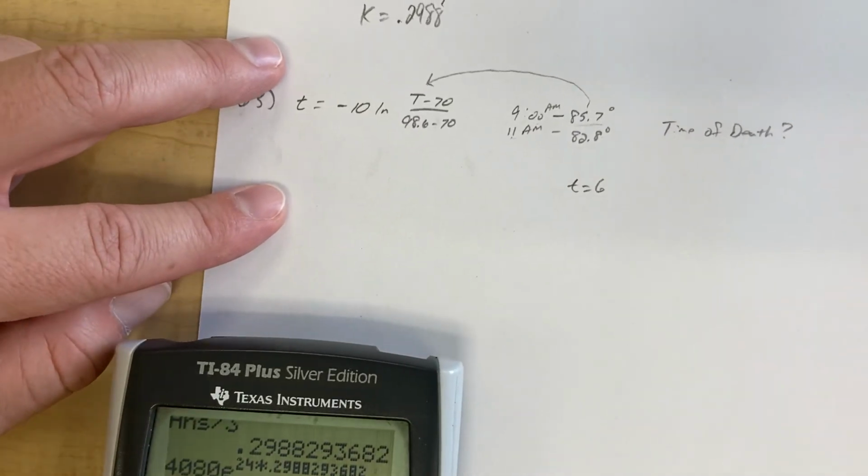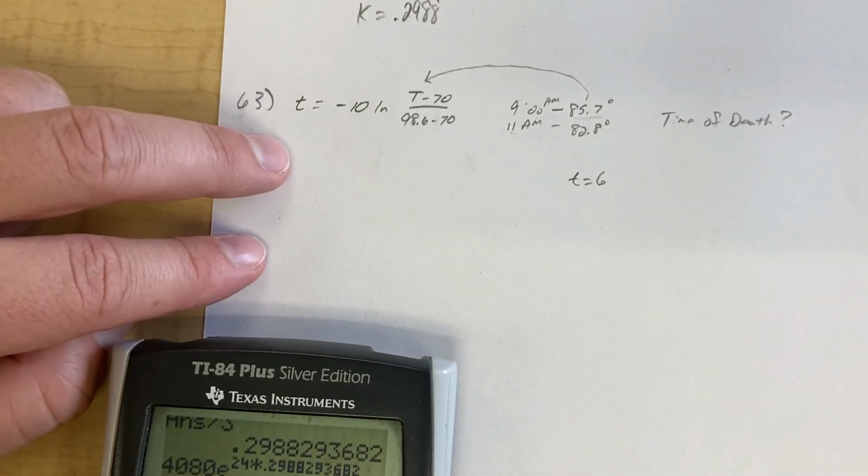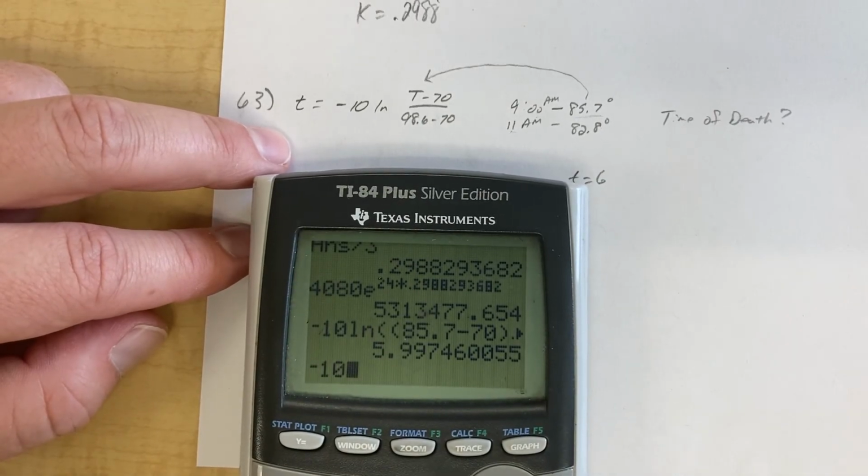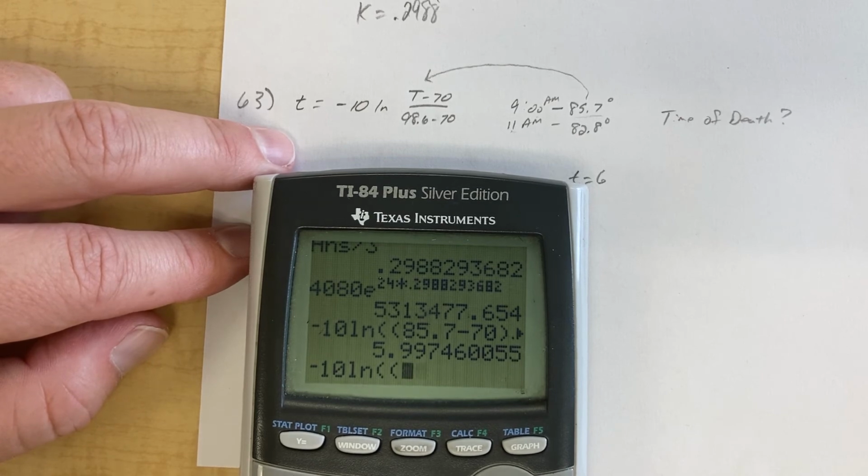Now let's try the 11 o'clock one. So if I go -10 times the natural log, and then again parenthesis, this time 82.8 minus 70, divided by parenthesis 98.6 minus 70.